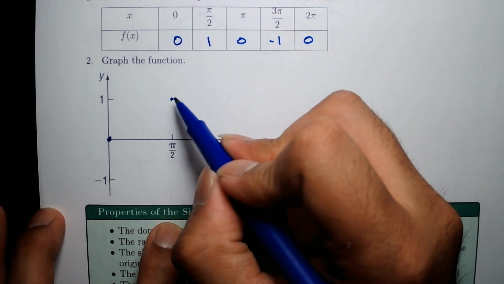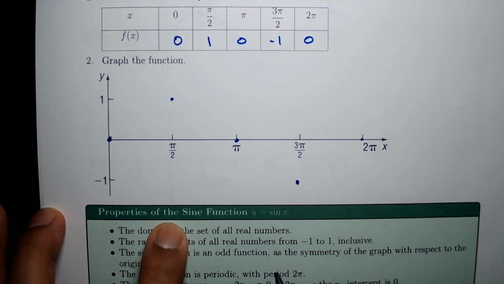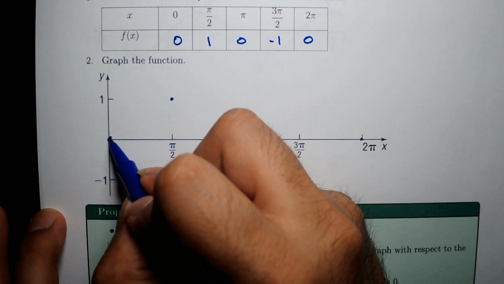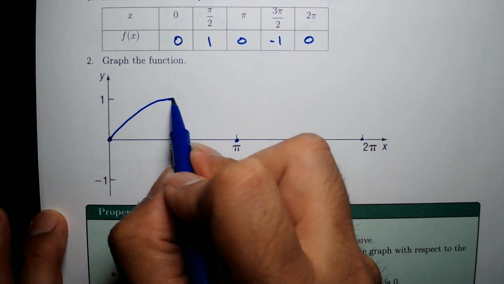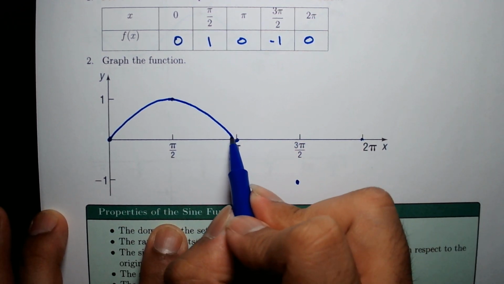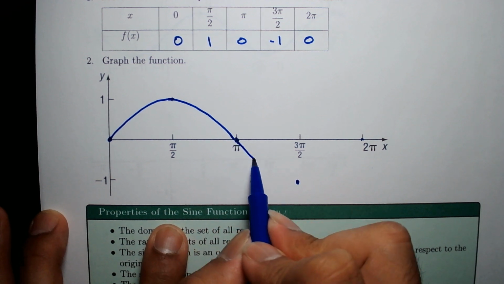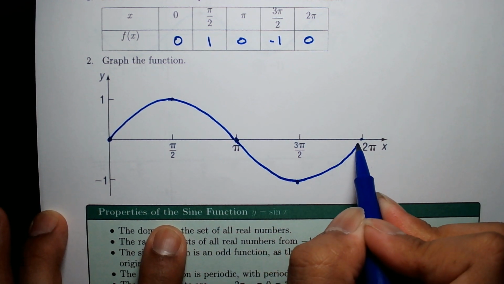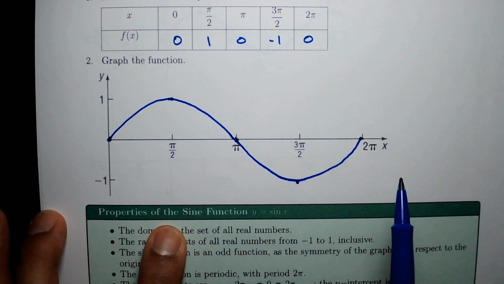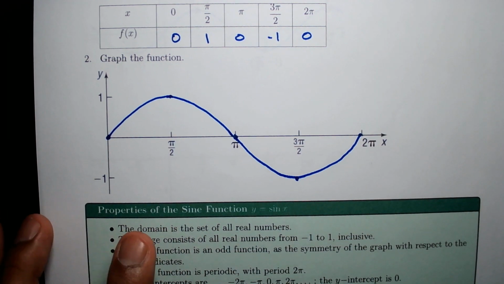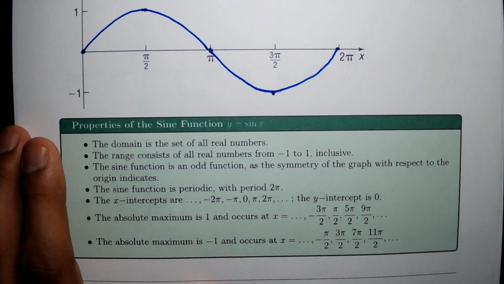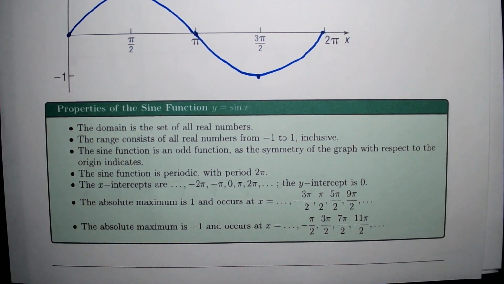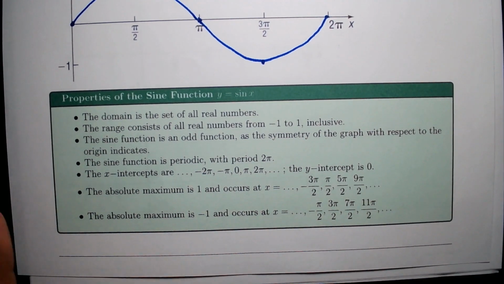Of course, it's not going to be straight lines. Actually, it's a smooth curve. That's the first half of the cycle, and that's the second half of the cycle. If we keep going, this graph is going to repeat itself forever and ever.